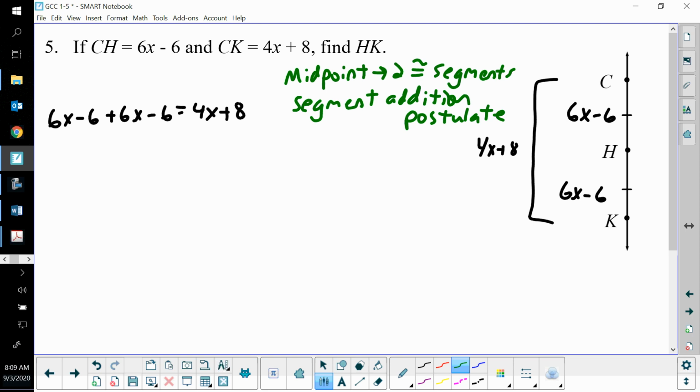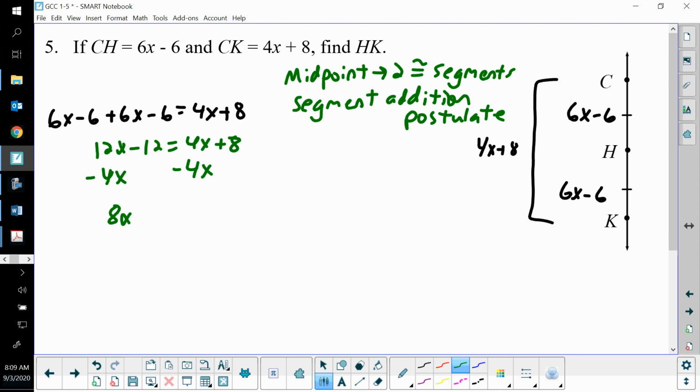So combining like terms on the left, we'll have 12x minus 12 equals 4x plus 8. So we're going to subtract the 4x over.